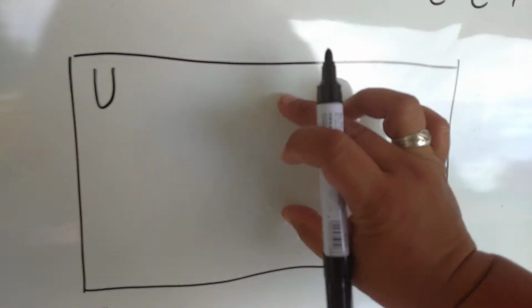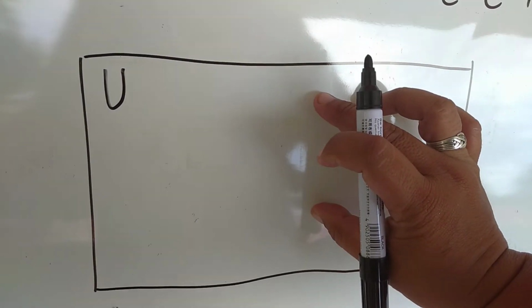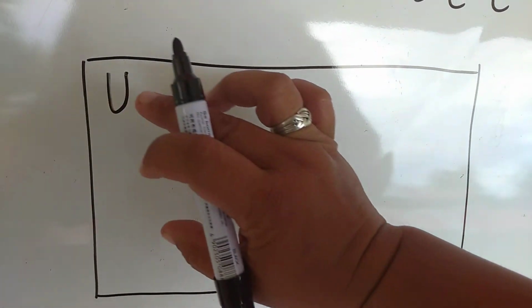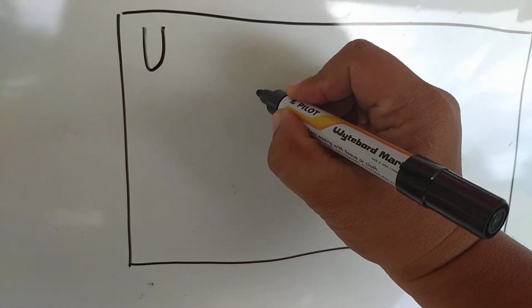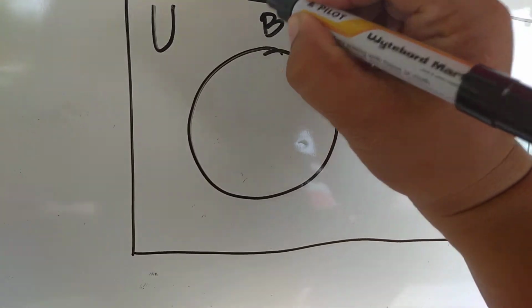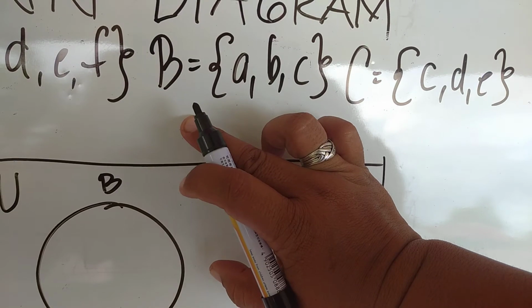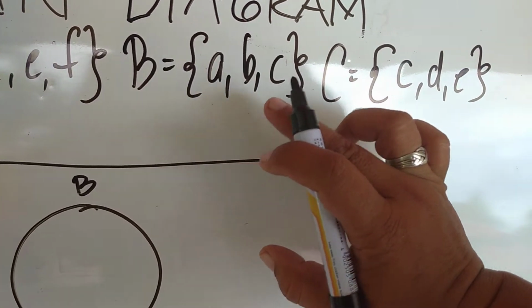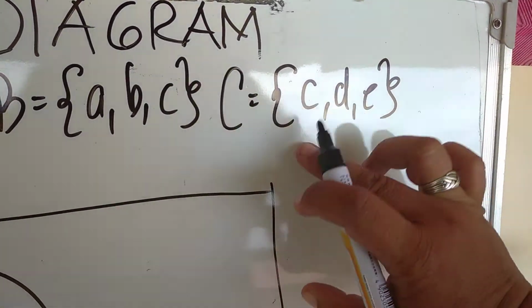So all the elements contained in this rectangle are your universal set. So if we have here set B, okay, this is your set B. Set B contains the elements A, B, and C. And your set C contains the elements C, D, and E.